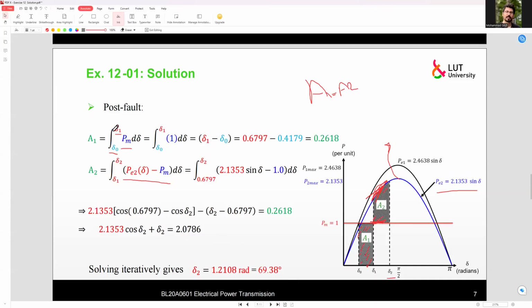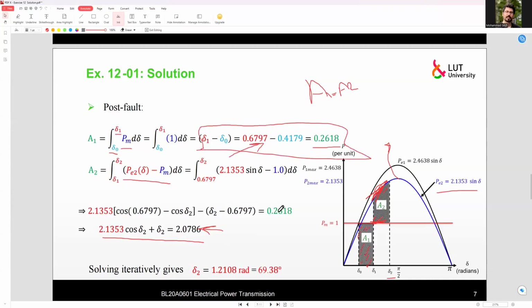So by putting these regions equal to each other, we would have delta 1 minus delta 0 equal to 0.2618. And also we would have these equations, right? This equation. So we calculate delta 2 from this, and then calculate delta 1 from this, or this.